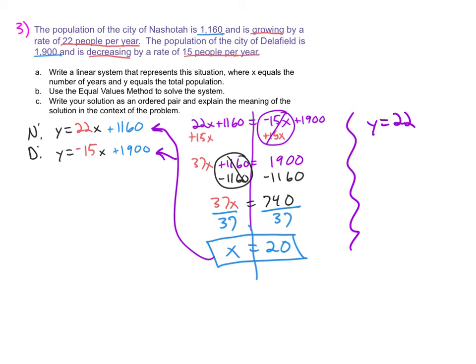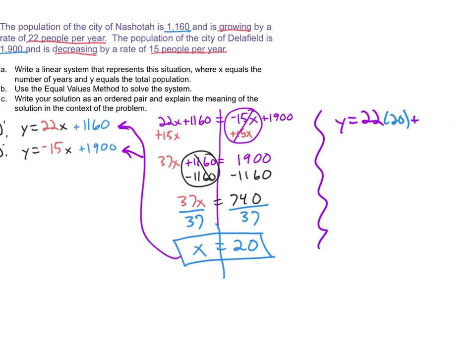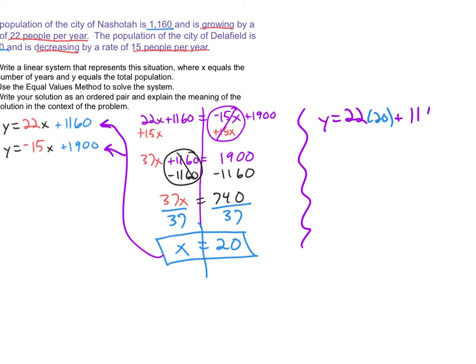So y equals 22 times our new x value, which is 20. Then I've just got the rest of the equation, which is plus 1,160. So now I've got 22 times 20. That would be 440. And then I just need to add that to my original 1,160.